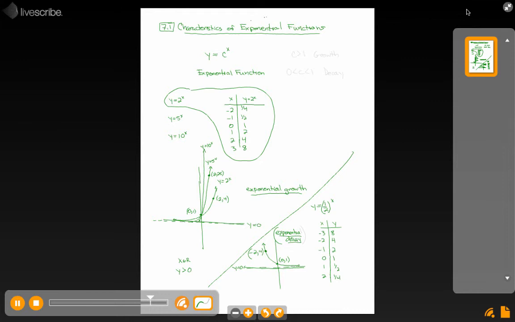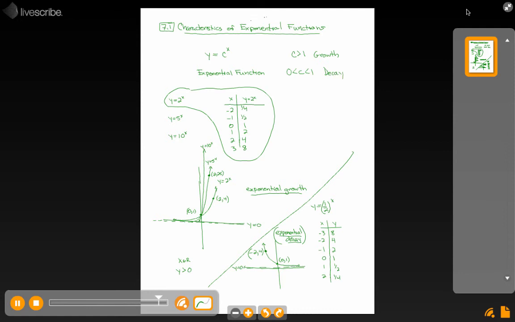The reason why they call it decay is it often relates to radioactive materials decaying, but basically when you, in the exponential function back up here at the top, when you have c is greater than 1, you have growth. When you have c between 0 and 1, you have decay.